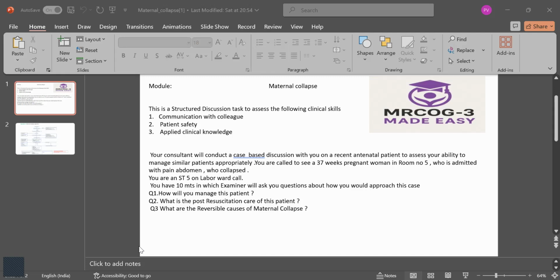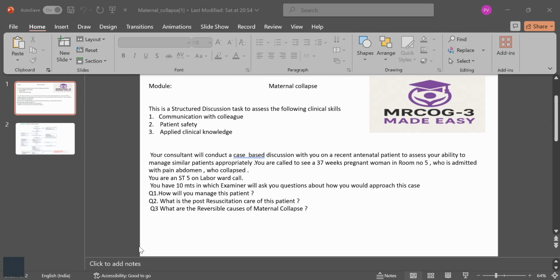Now you need to know, the examiner will be asking you a few questions. The case scenario is in front of you. I'm starting with maternal collapse. Your consultant will conduct a case-based discussion with you on a recent antenatal patient to assess your ability to manage similar patients appropriately. You're called to room number 5 to see a 37 weeks pregnant lady who is admitted with pain abdomen, who collapsed.